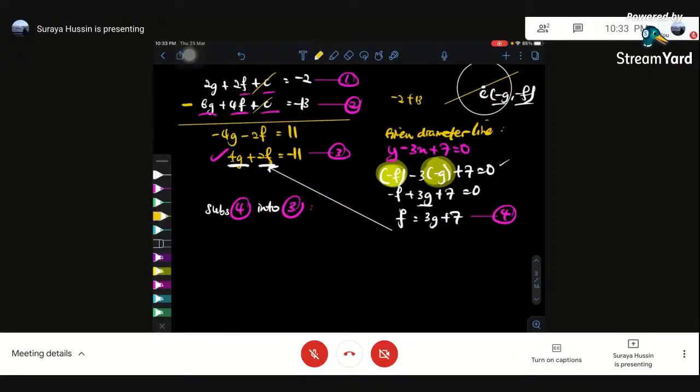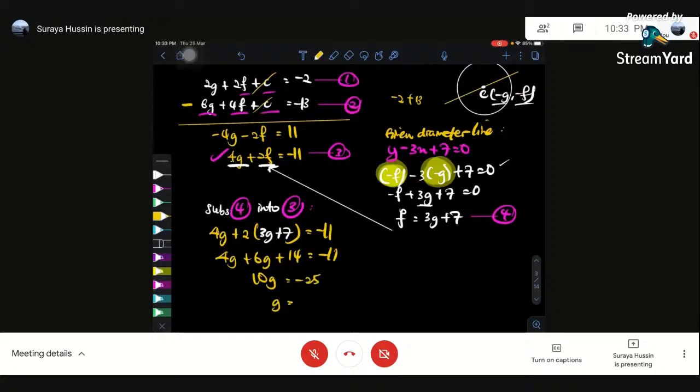So now you buat, masukkan F. 3G plus 7 equals to negative 1. So 4G plus 6G plus 14 equals to 11. Therefore, it's 10G equals to negative 25.